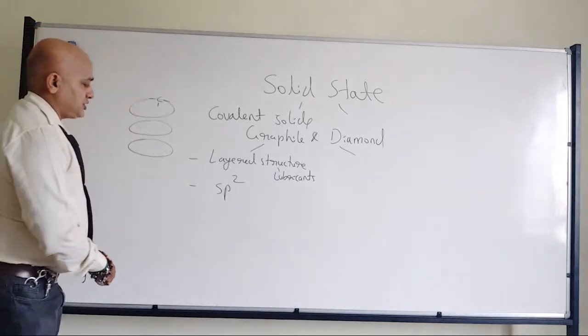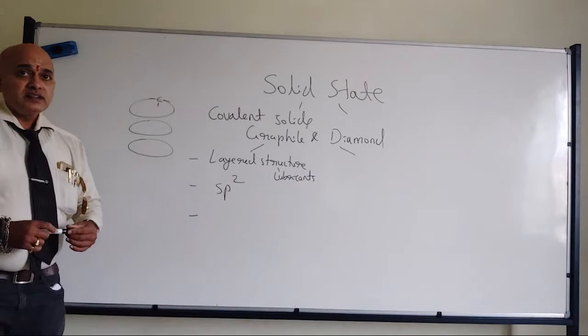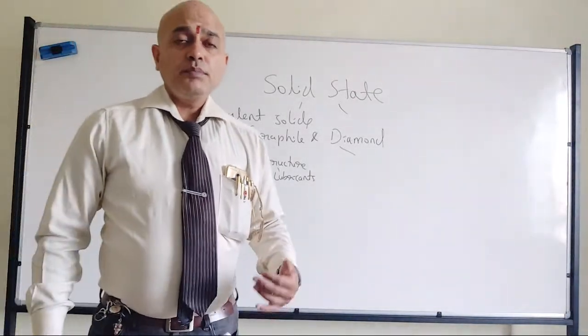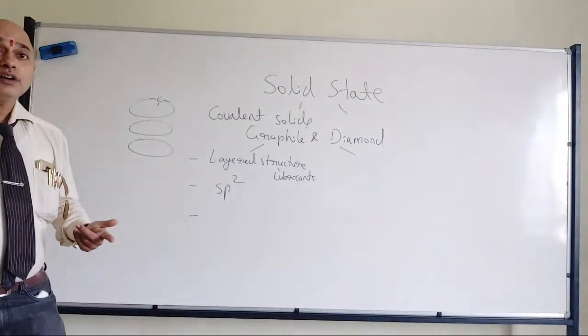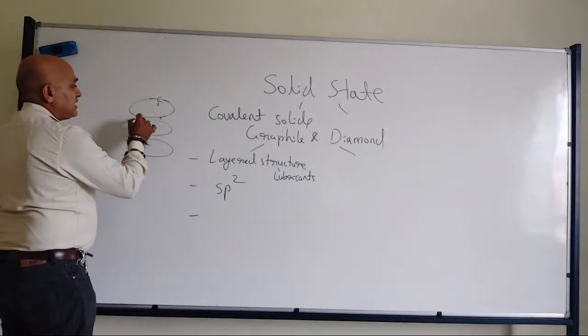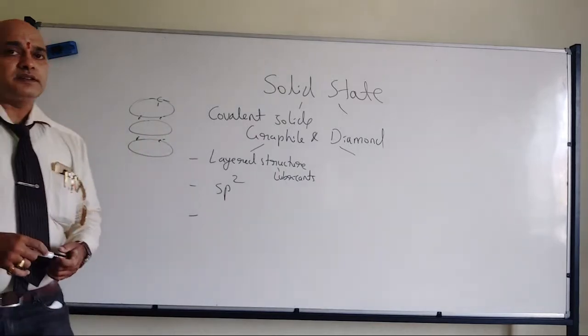Now, a very important point here: carbon has a total of 4 valence electrons, but you are talking about only 3 bonds. What will happen to the other electron?